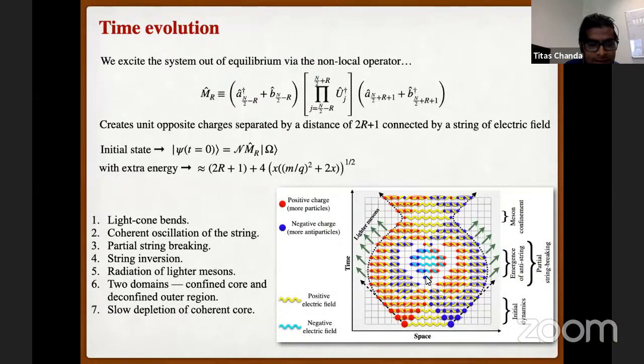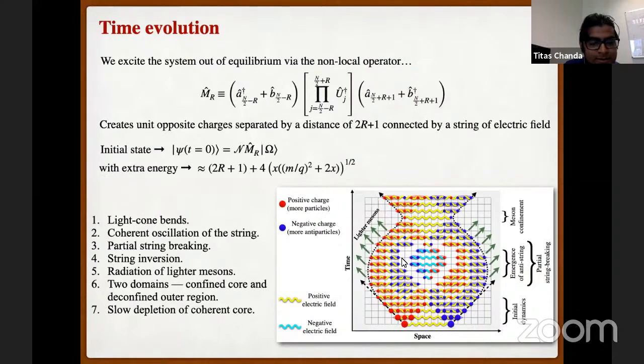At the boundary of this modified light cone structure, we can have radiation of lighter mesons, lighter particle-antiparticle pairs, which can break free from the electric strings. These lighter mesons are not bound by confinement, they can move freely.